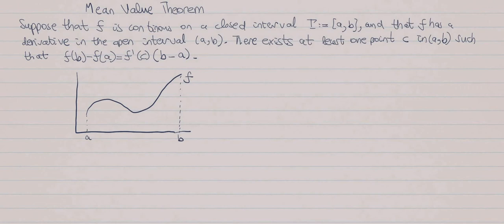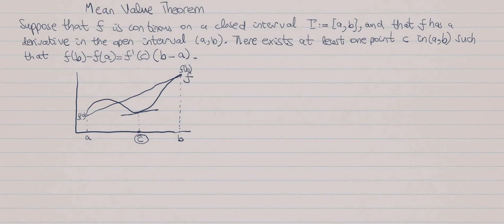Now what the theorem says is that between a and b there exists a point c where the derivative, or the slope of the tangent line, is equal to the slope of this line segment connecting the endpoints, or connecting f of a and f of b. So the theorem argues for the existence of this point c.